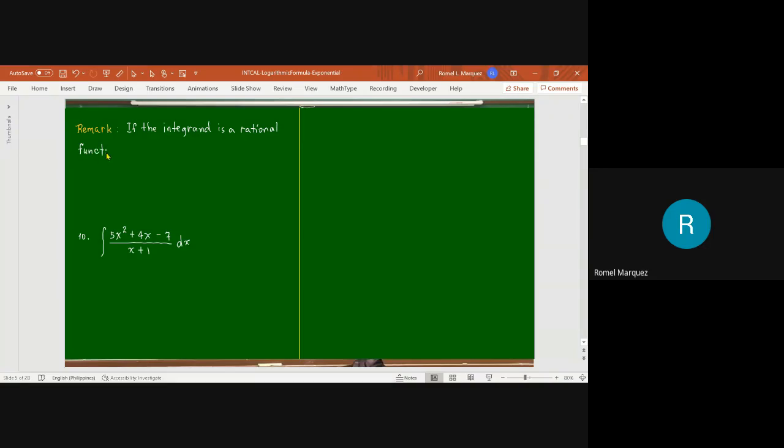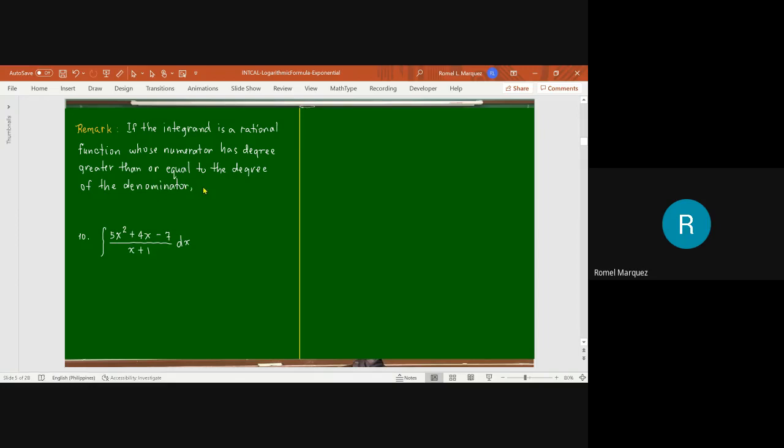Numerator is polynomial, denominator is polynomial. Whose numerator has a degree greater than or equal to the degree of the denominator. Yan. Ano daw ang gagawin, guys?